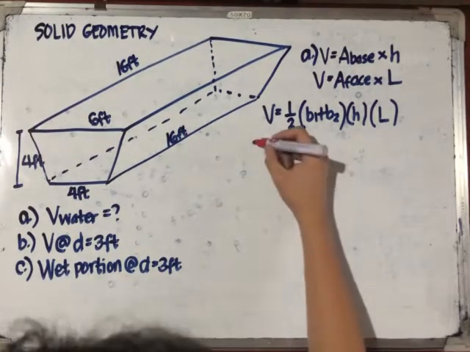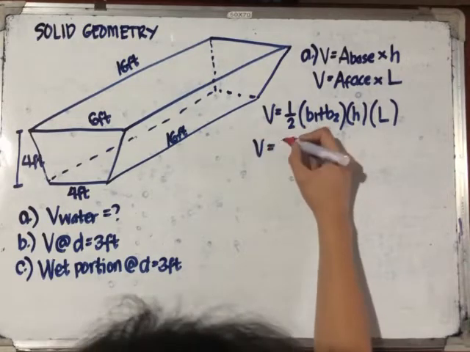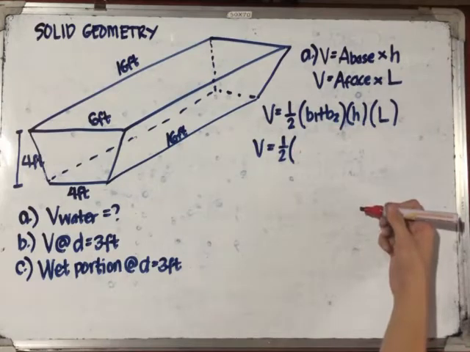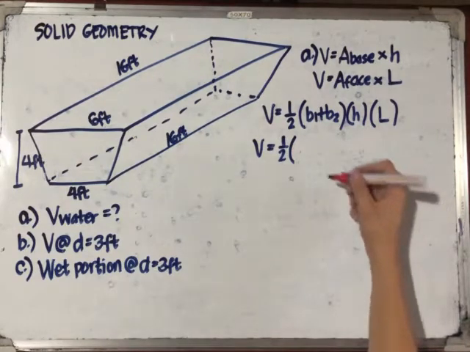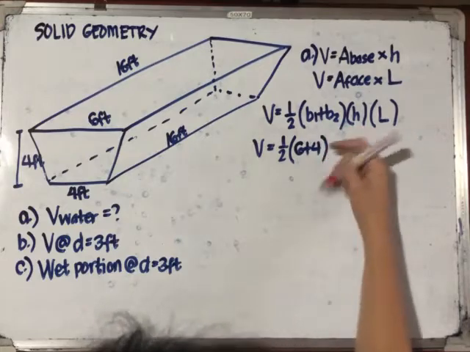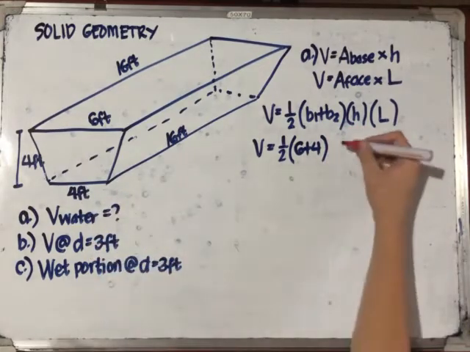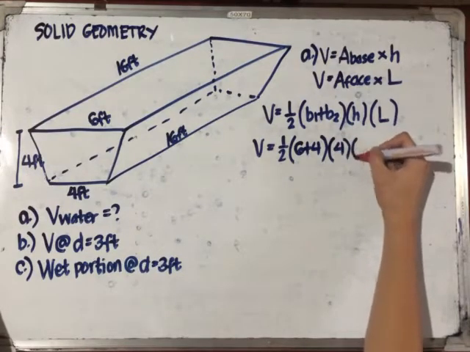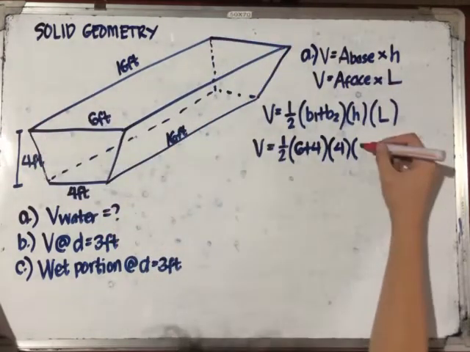So, given that one, we can now compute for our volume. That would be 1/2 times B1 natin is 6 plus B2 natin is 4. This 4 is itong nasa baba. Height natin is the depth na 4 feet ulit. And the length of this one is yung 16 feet.